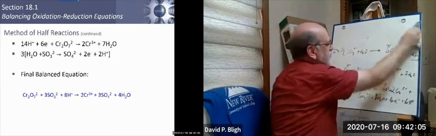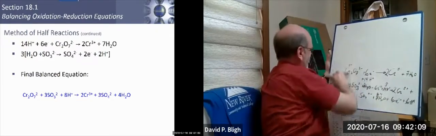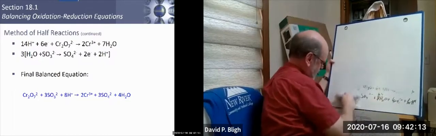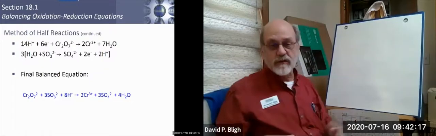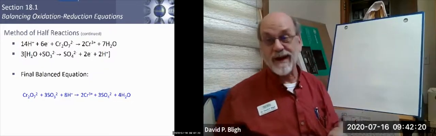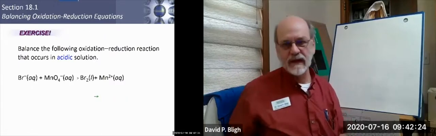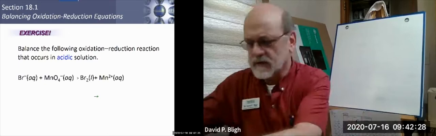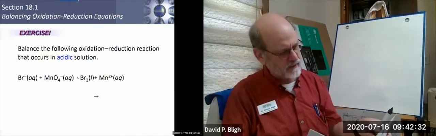So let's clean off the battlefield here. Make room for the next one. And I guarantee the review document has several of these for you to practice with. Let's see. I'm gonna keep closer track of what I'm doing and where I'm at in the process.